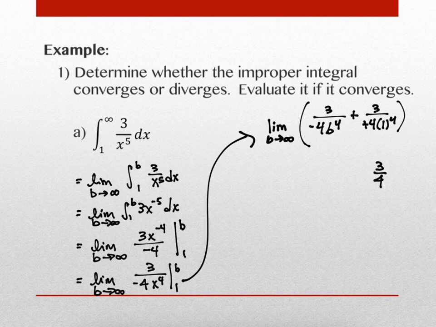Now think about what happens as we let the value of b go to infinity. If you have 3 over negative 4b to the fourth, and the b value is getting infinitely larger, that means you're dividing by something that's getting bigger and bigger and bigger. What happens? It goes to 0.